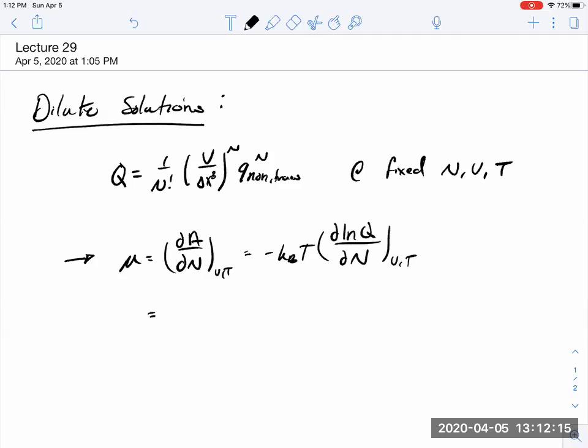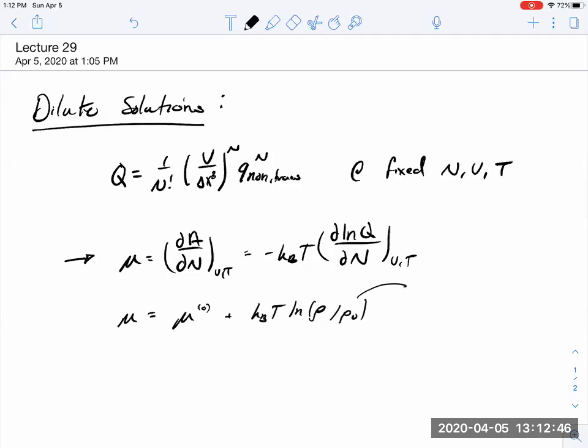And what we get when we take that derivative, and we use this trick for taking the derivative of the factorial function, the Stirling's approximation, is that the chemical potential can be written as a sum of two pieces. This ideal reference state plus k_B T log of the density in some units of a reference density isolated in that second term.